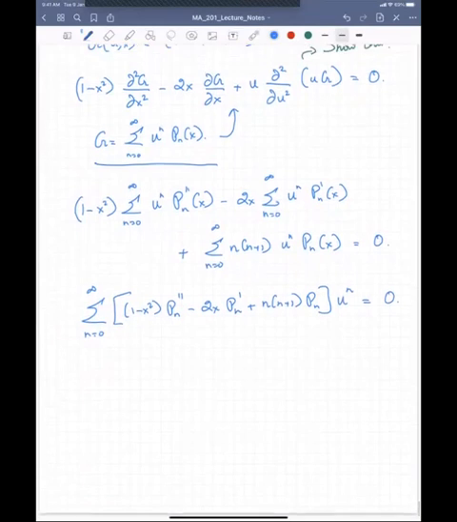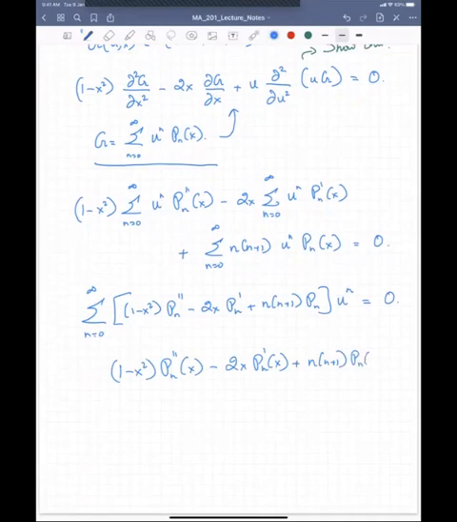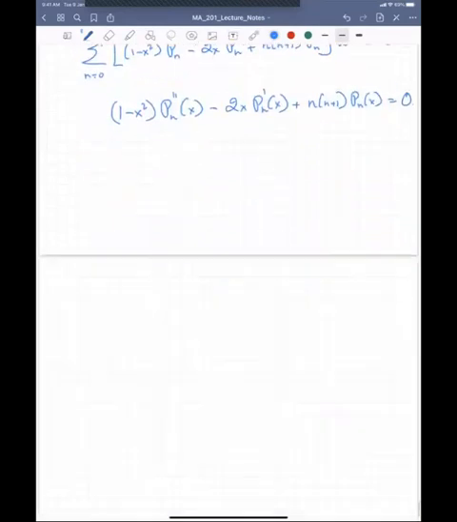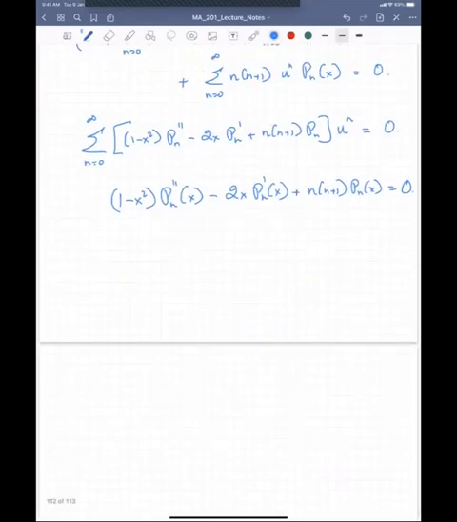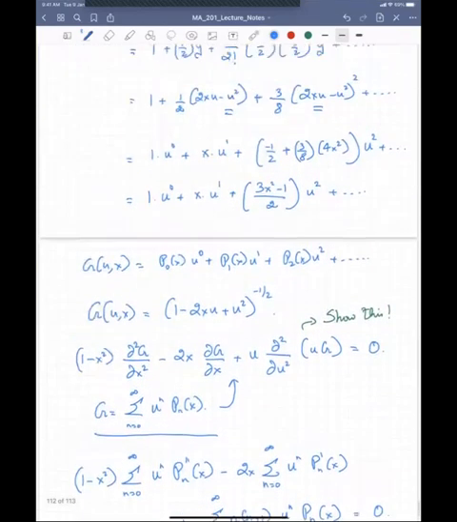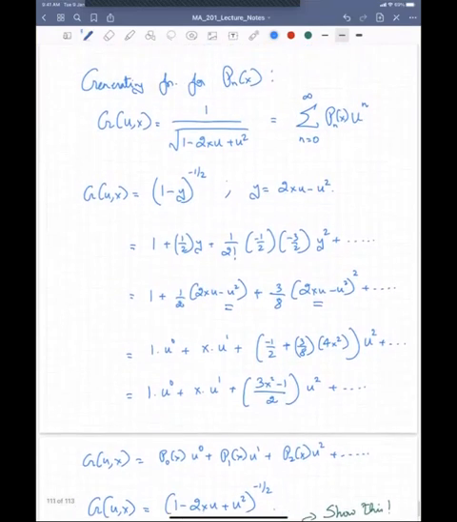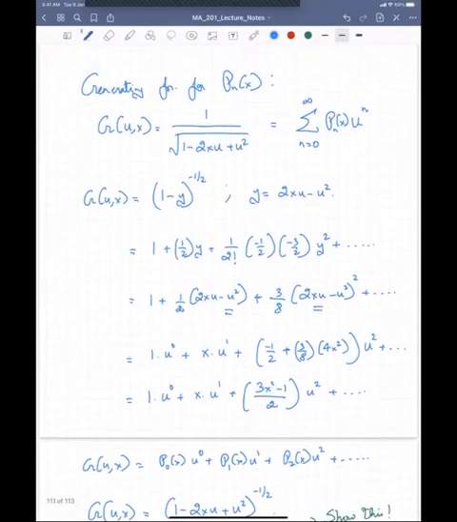And the only way this can be equal to 0 is if (1 minus x squared) Pn double prime of x minus 2x Pn prime of x plus n(n plus 1) Pn equals 0. In other words, we have just shown that this Pn satisfies Legendre's differential equation. So it is perfectly natural to write the generating function in this particular fashion and claim that one can generate all the Legendre polynomials this way.